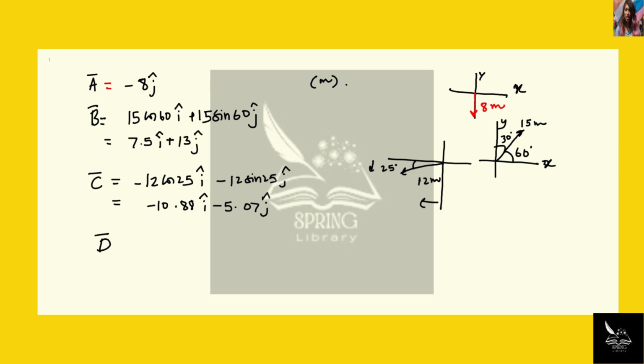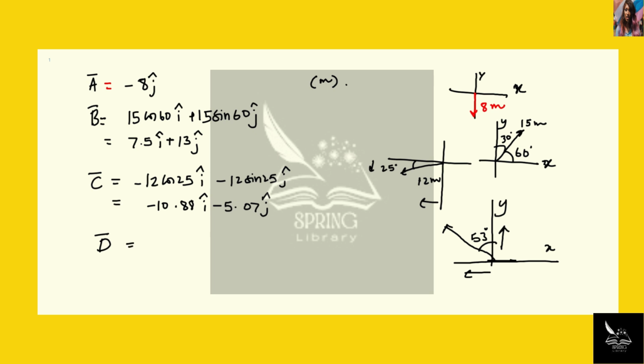Now vector D makes an angle of 53 degrees with the y-axis, which means it has a negative x component and a positive y component.